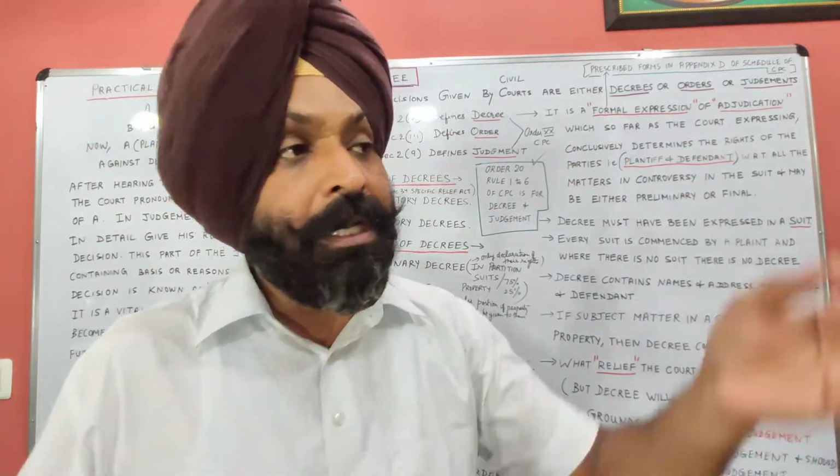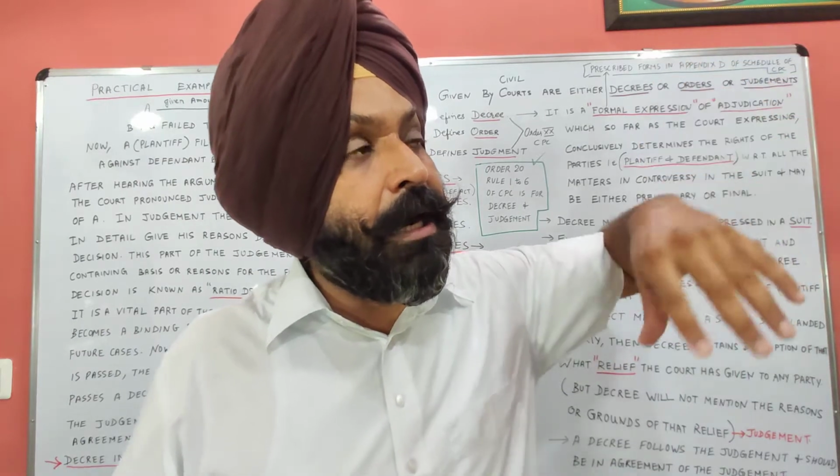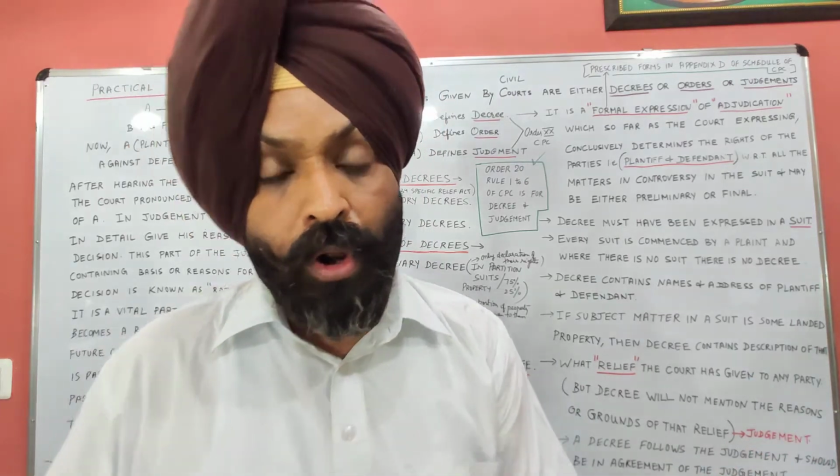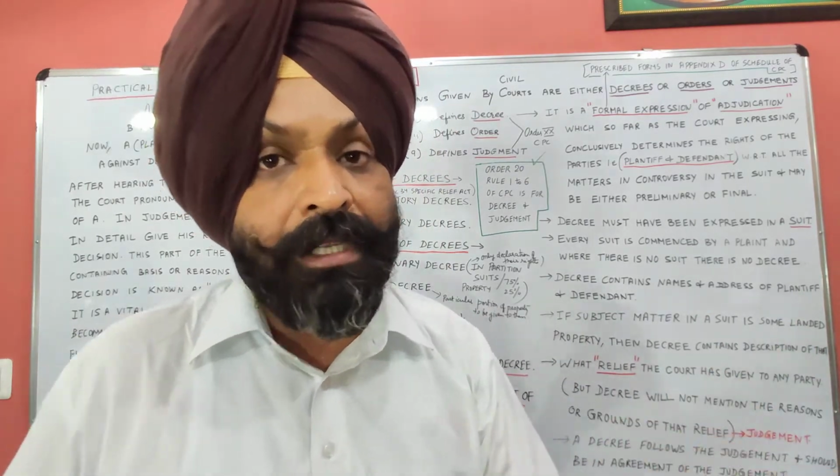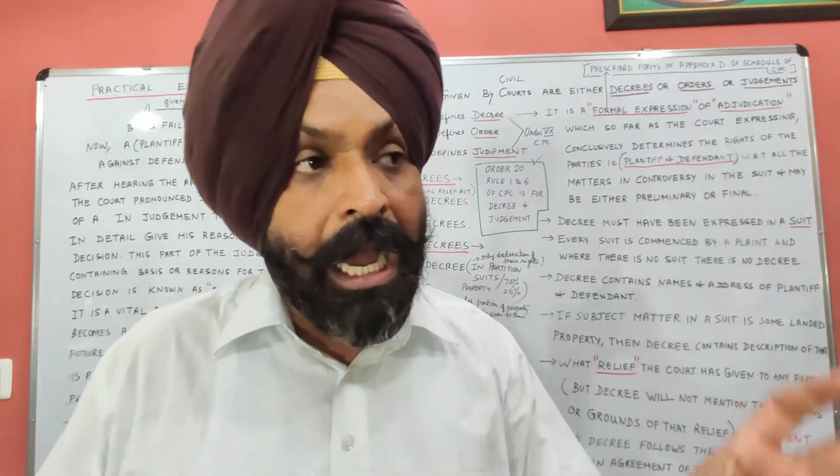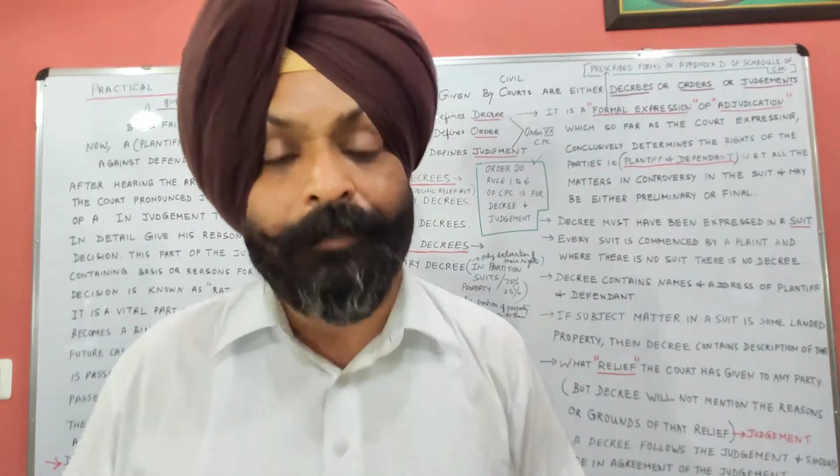Adjudication means the determination of the legal rights of the parties through proper reasoning by the court, by consideration of the evidence adduced by both the parties and after hearing the arguments of both the parties, the judge comes to a logical conclusion.